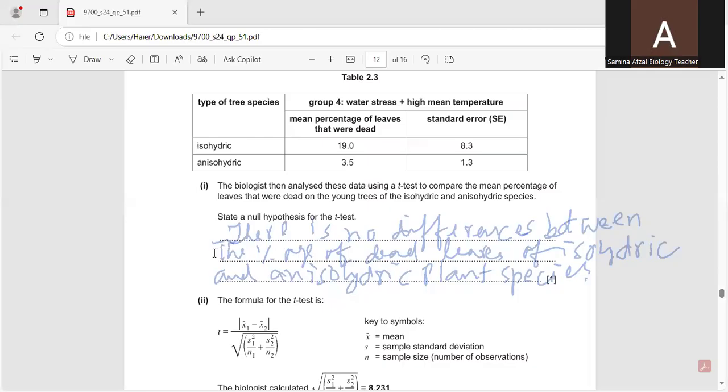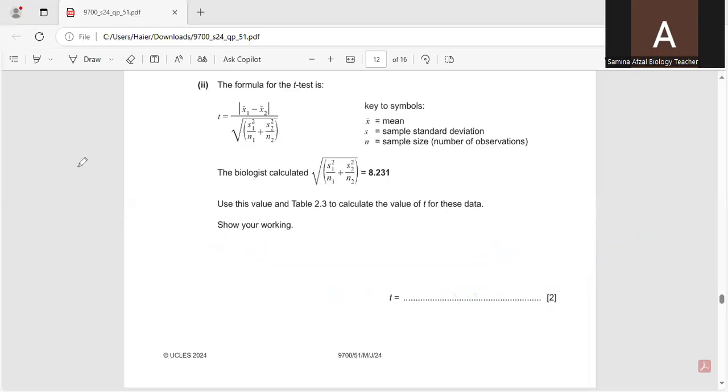Now you can see the formula for the t-test. We have to calculate the value. X is the mean value, S is the sample standard deviation, and the sample size, the number of observations, is represented by N. So we have to find the value of X. The value of X1 is 19.0, where the value of X2 is 3.5.